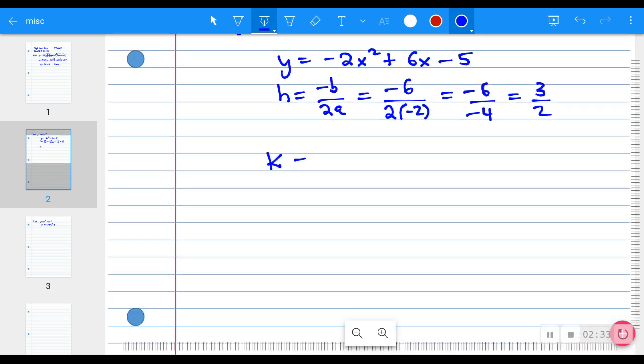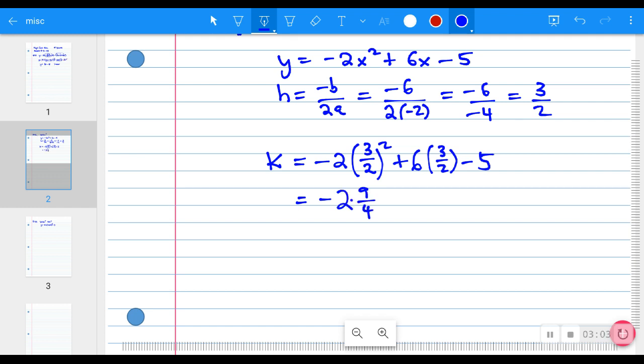You get k by plugging in that 3/2 value that you just found. Okay, now at this stage I'm going to grab my calculator and type this all in here. 3/2 times 3/2 would be where you would start. You do squaring before multiplying.